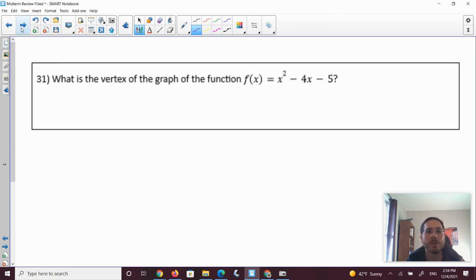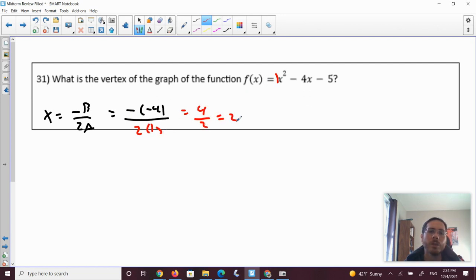All right, for 31, what's the vertex of the graph of this function? You could solve this one by graphing if you want, but since we've been using the negative b over 2a formula a lot, let's just keep using that one. So negative 4 over 2 times 1. So that's 4 over 2, which is 2.